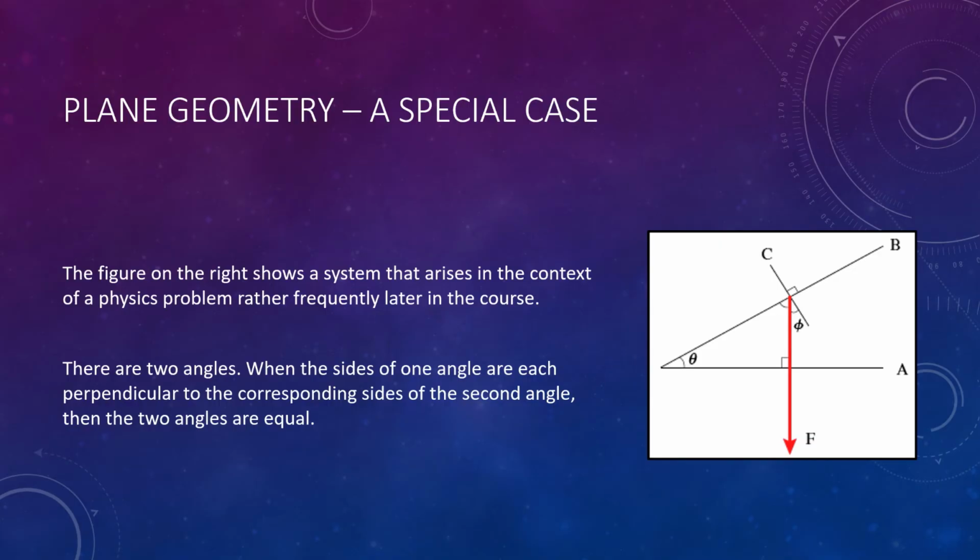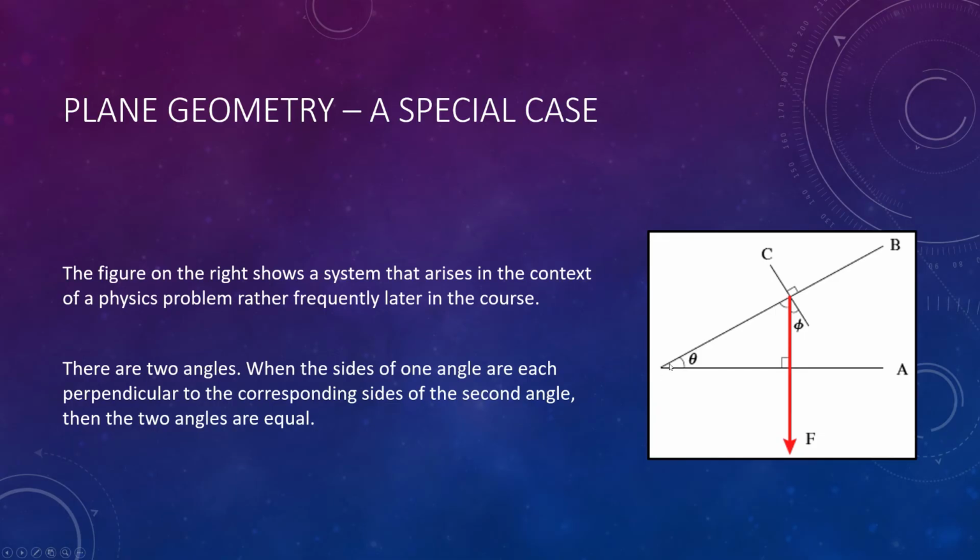Here we have two angles that are defined. Theta, which is the angle here on the left, and phi, here between the line C and the arrow F. Notice that each angle is perpendicular to sides of the other angle.